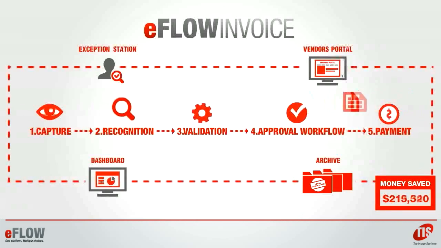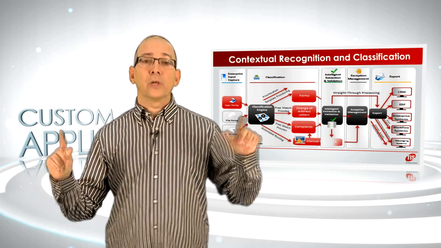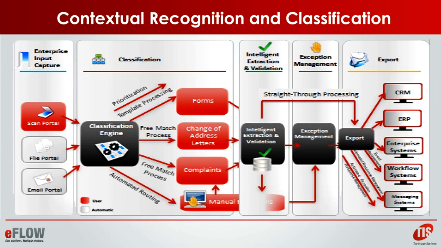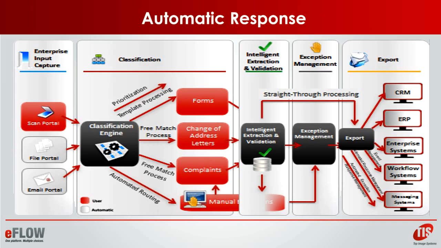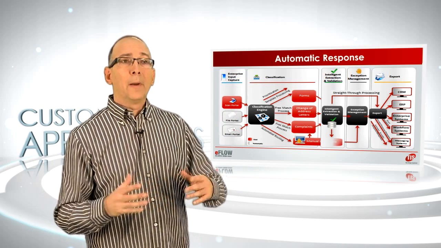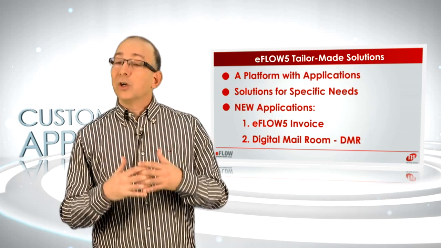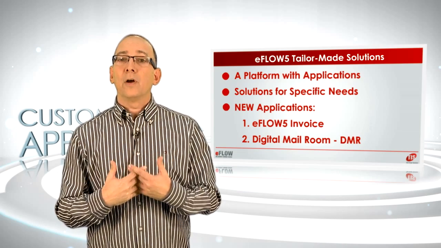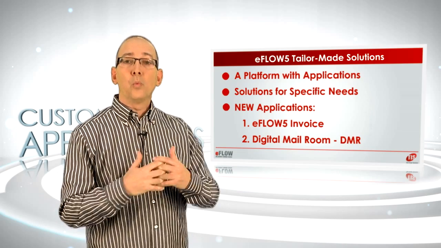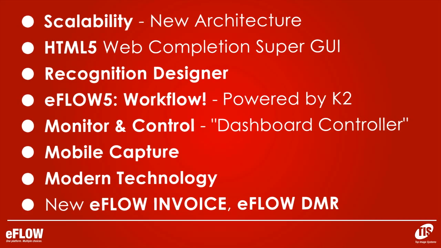Another one is eFLOW DMR, Digital Mailroom, which includes today contextual recognition and classification and automatic response. These two applications bring value to the customer by providing a comprehensive solution to their problem and are a good example of the level of application that can be achieved with the eFLOW5 platform. So, what do you want to hear about?